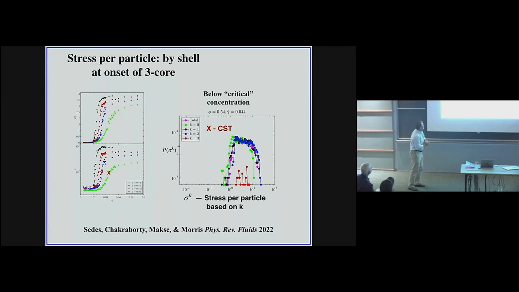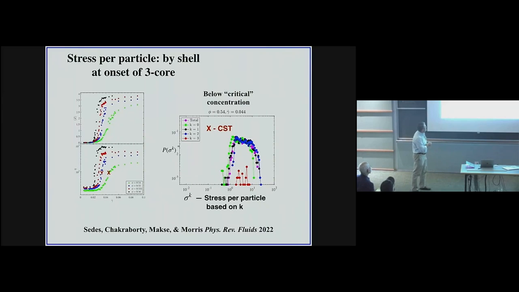Here, I'm going to consider these 2 points, X and Y, X being on the CST line and Y being on the DST line at the steepest slope of the viscosity curve. And that turns out to be right where I get the onset of this 3 core. So the steepest rise is at the onset of the 3 core.